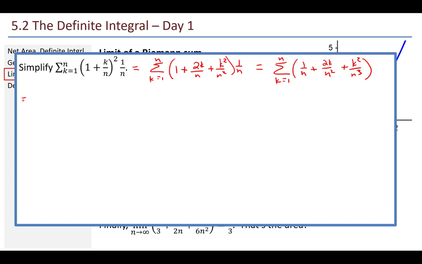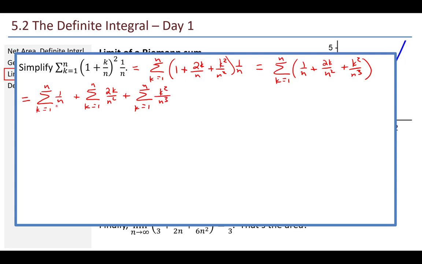So I can easily write this as the summation k equals 1 to n of 1 over n plus the summation k equals 1 to n of 2k over n squared plus the summation k equals 1 to n of k squared over n cubed.